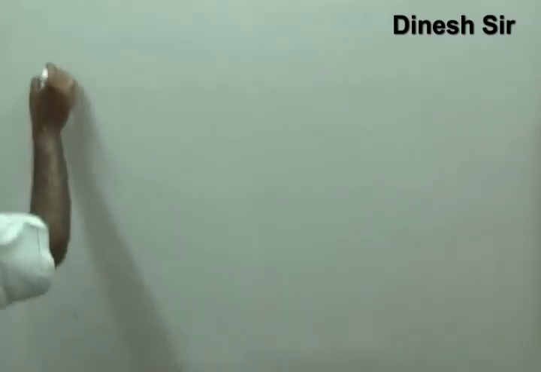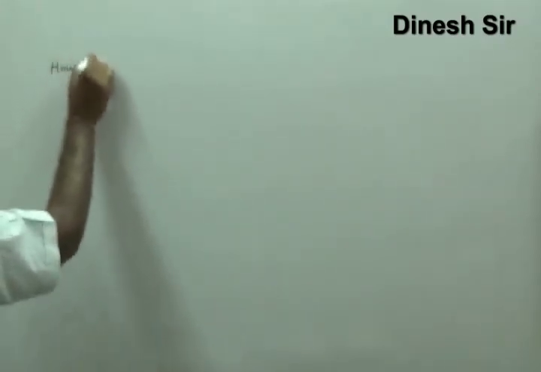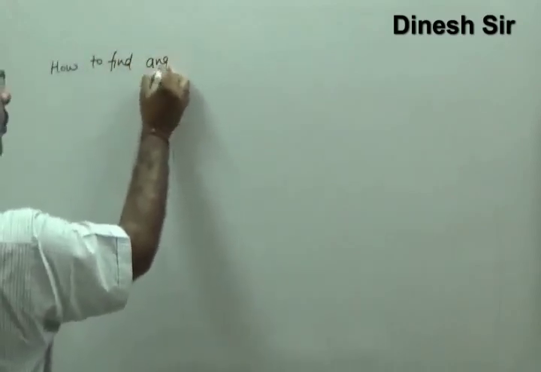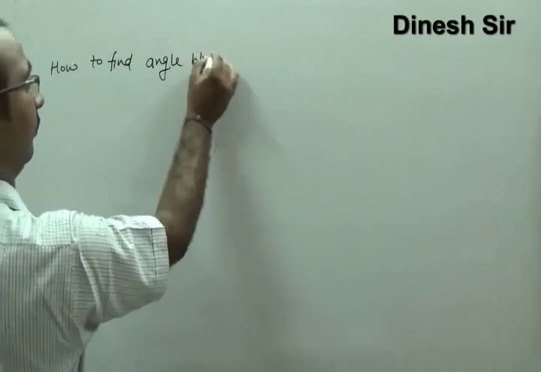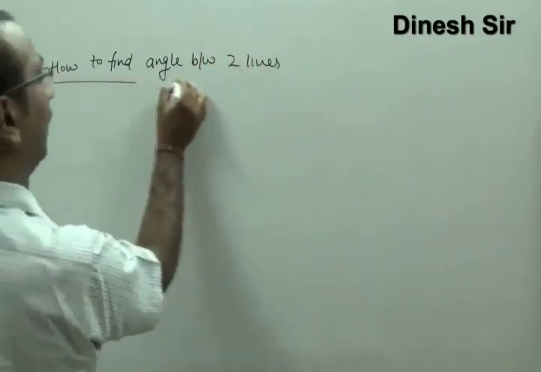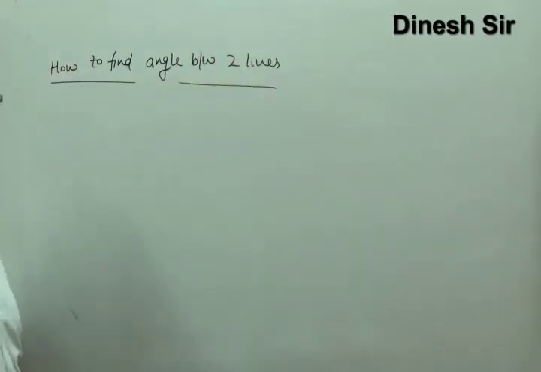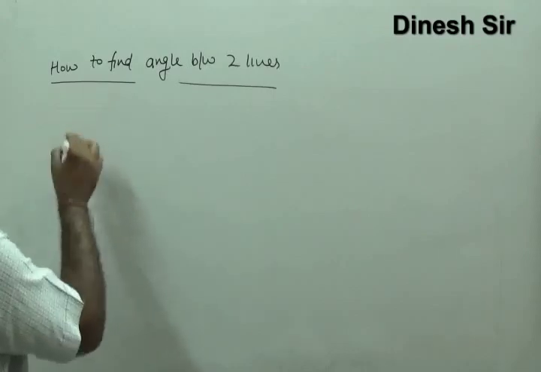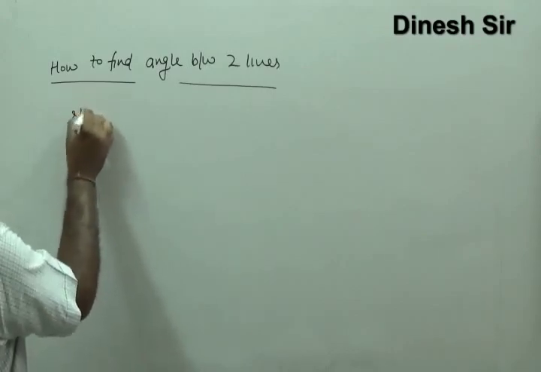The next point that must be known to you is how to find the angle between two lines. Suppose two lines are there and we have to find the angle between them. First of all, we have to take the slopes of the two lines.